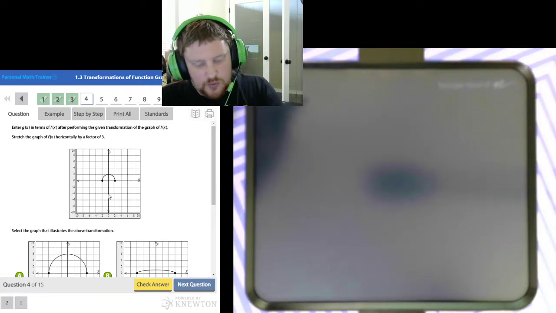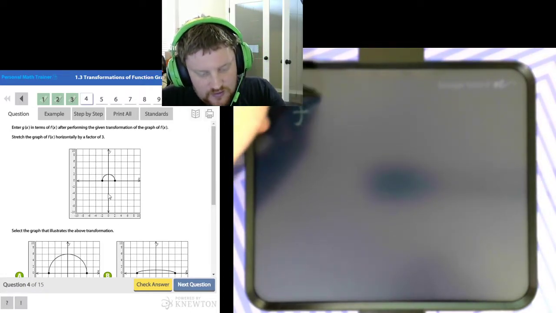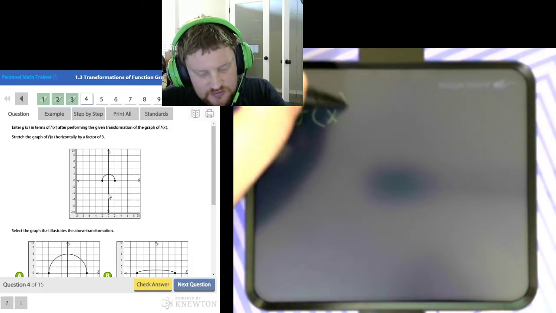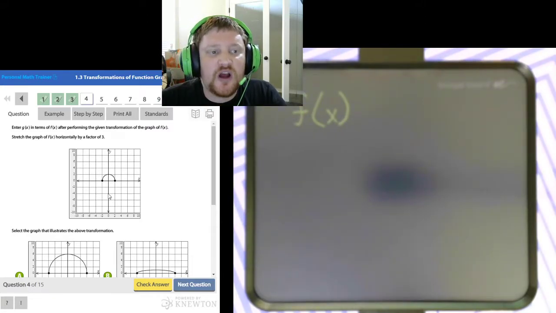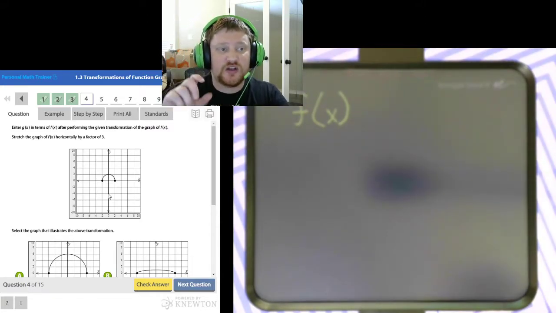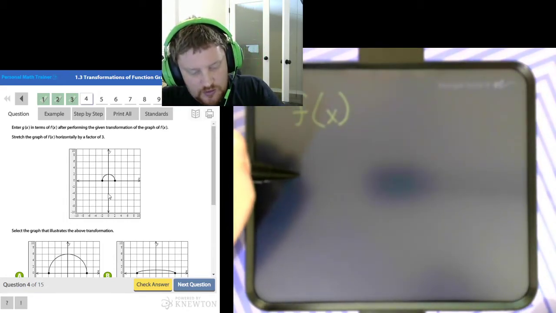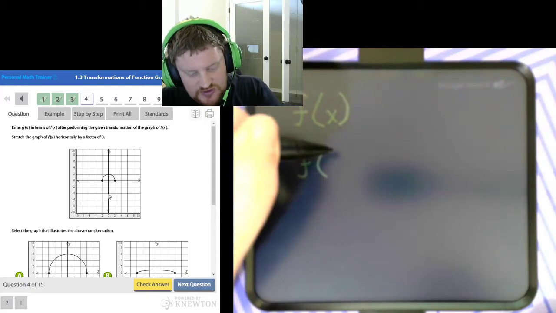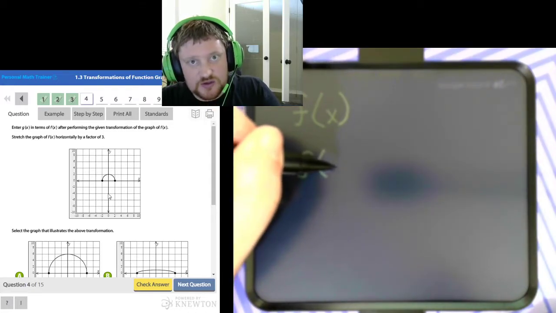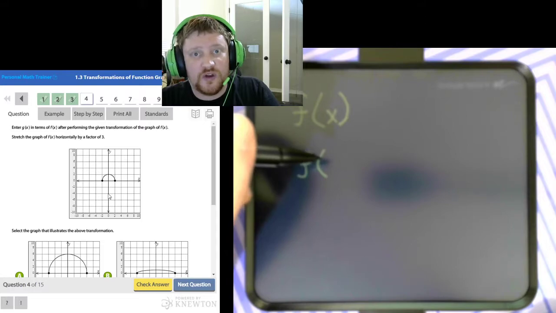Now keep in mind, when we have f of x and we are doing a horizontal compression or stretch, the number we're multiplying by goes inside, and it's always going to be 1 over the number they give us.